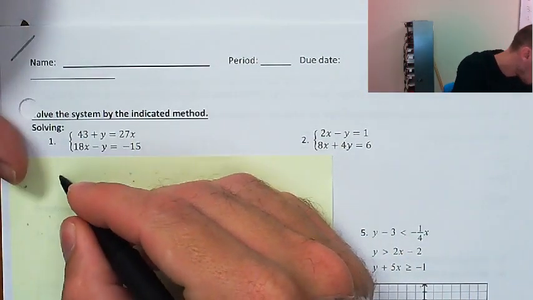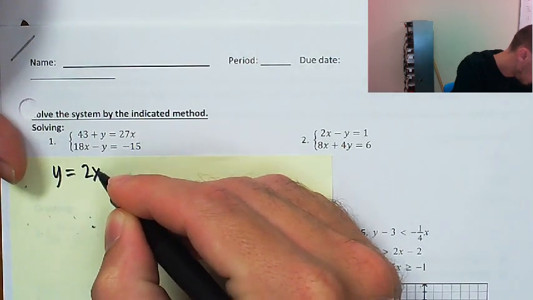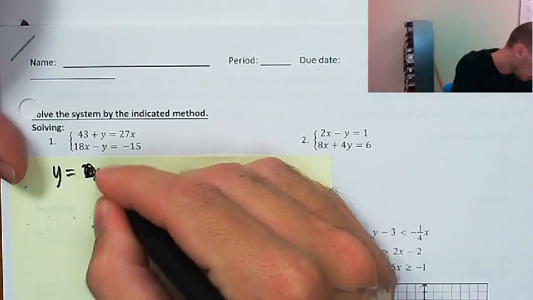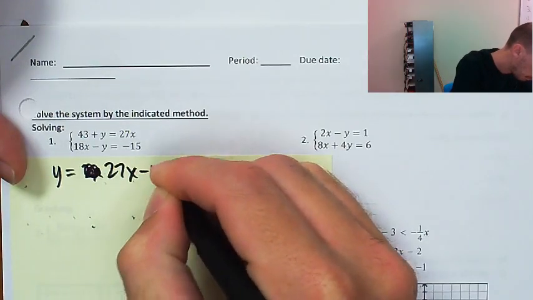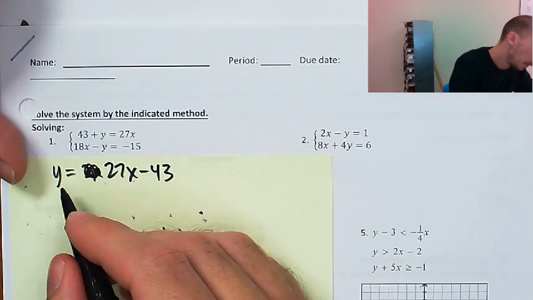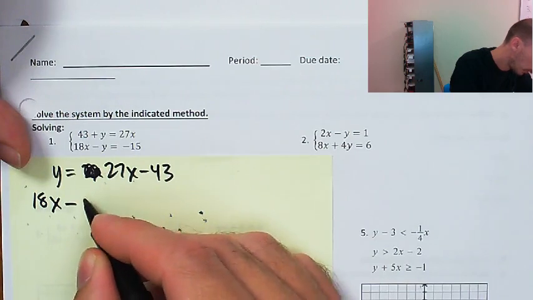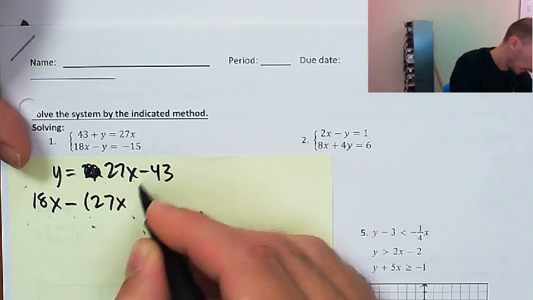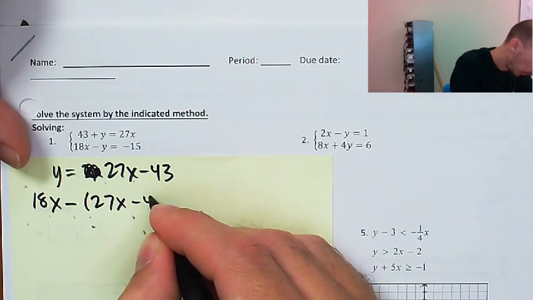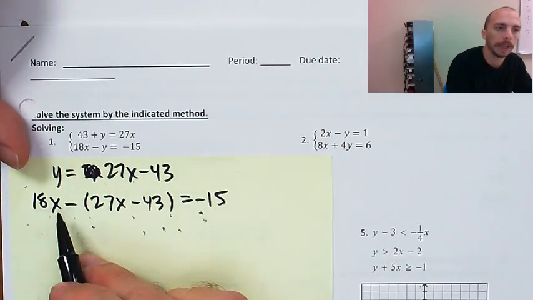Okay, so I'm going to solve for y in the first equation, and I'll have y equals 27x minus 43 by subtracting 43 from both sides. And then I'm going to substitute on this y. So 18x minus 27x minus 43, that's going to equal negative 15. Okay.